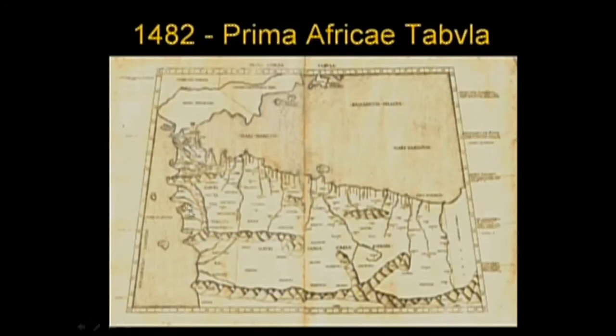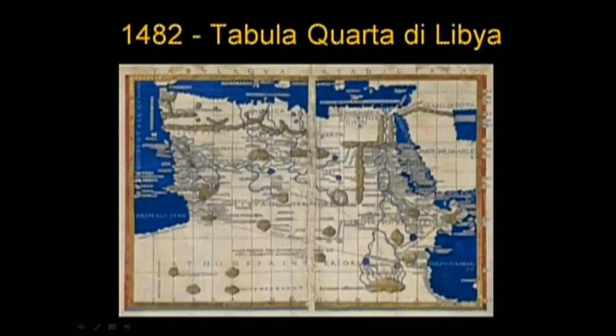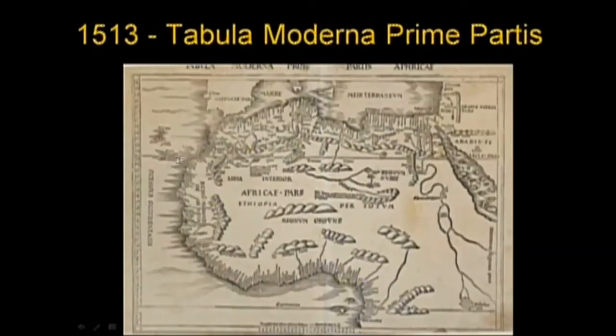It's how to get around this part of the world. And these become very elaborate with details about river systems that are going to the interior, representations of mountain ranges, and from the Arab sources, learning about what was going on over here, without any understanding that you could still go around the whole continent.